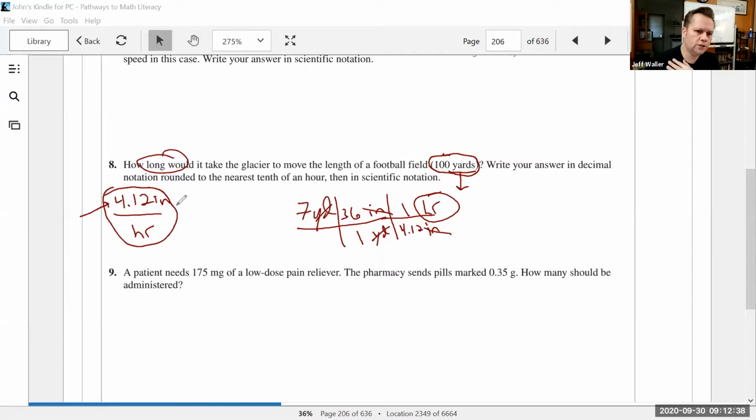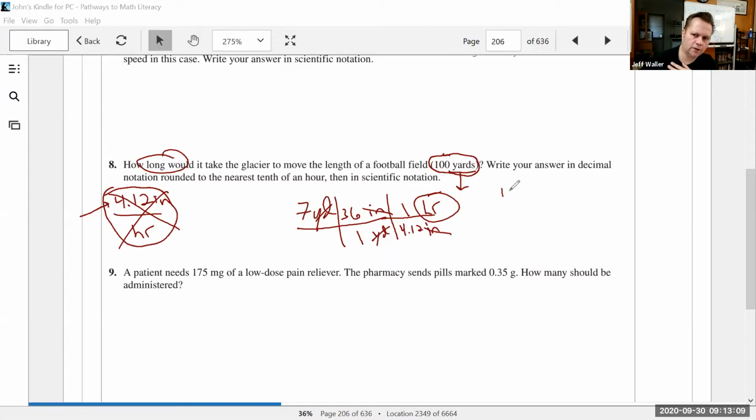So any ratio, any rate is actually a conversion in its own right. So if I get paid $8 an hour, that is a conversion between hours and money, right? If I'm going so many inches an hour, that's a conversion between inches and hours. So I can use it the same way I would anything. So now you just use the numbers that they give you and the numbers that you get from number 6, and you do the same idea.